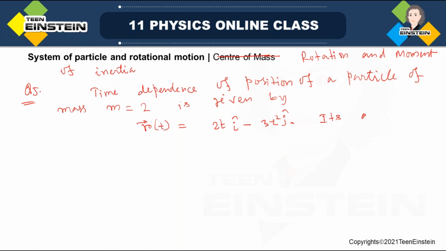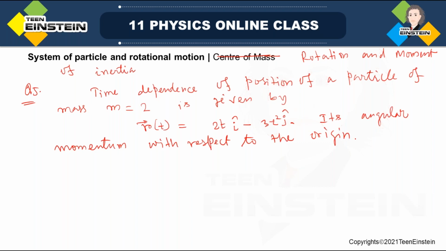Its angular momentum with respect to the origin at time t is equal to 2 seconds, say, is... options are.